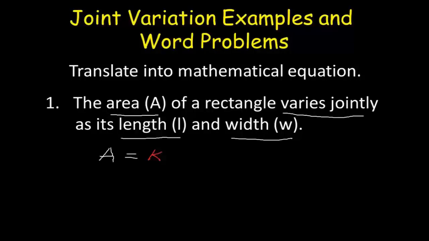These are the length, which is L, so this will be k times L, and the width, which is represented by W. So our mathematical equation now is A is equal to k times L times W.